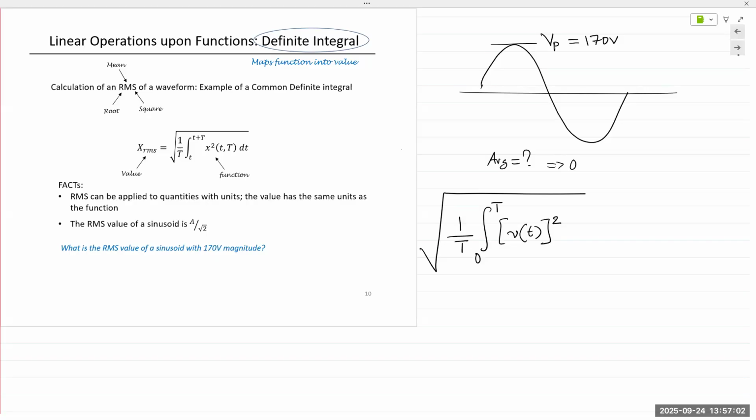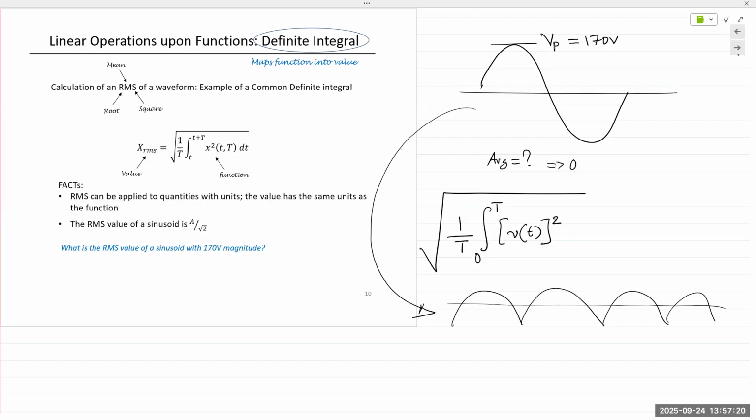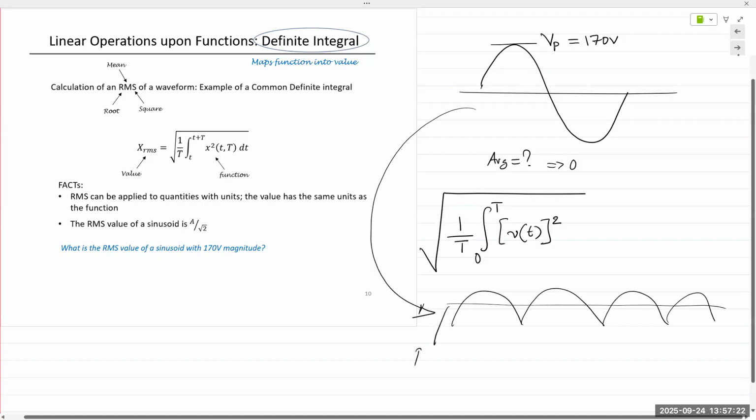And let's say you flatten them all out. So from here, you would have a waveform that looks like this. And if you flatten them out, you would get something like this. And this would be your RMS value.